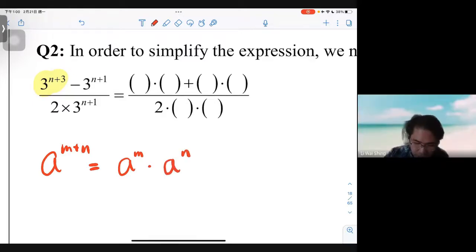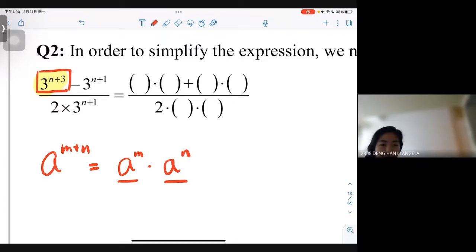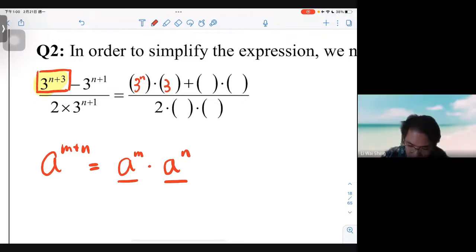Yes. So a^(m+n), I can change it into a^m times a^n. So this expression 3^(n+3), after splitting it, what would it be? 3^n times 3 to the power of 3.